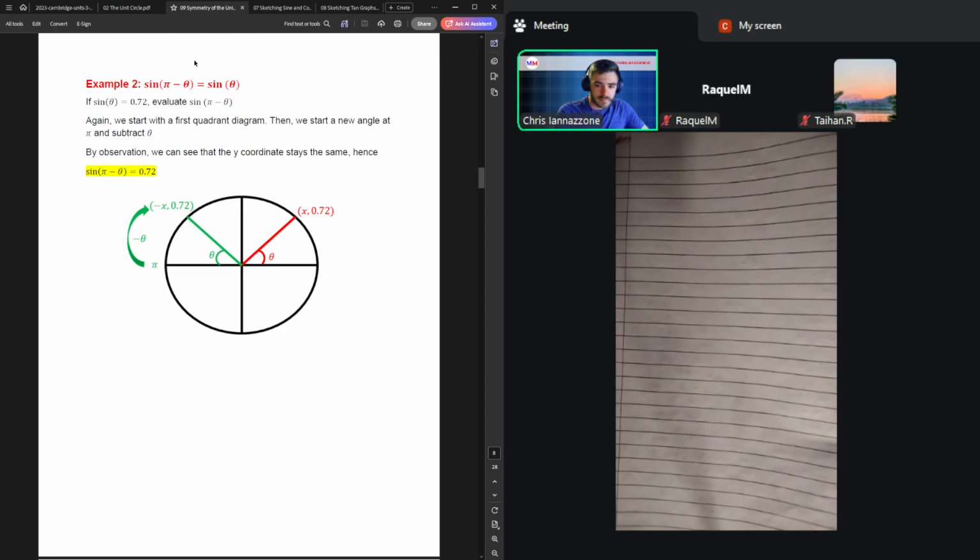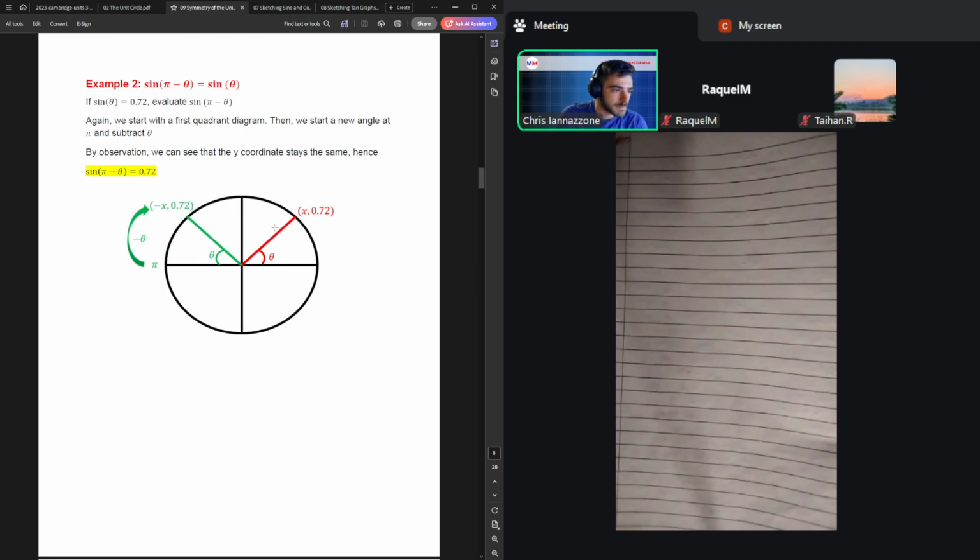Pi minus theta, ever so slightly different. Again, starting with our value, sine theta equals 0.72, so we use the y value as 0.72 for our red reference angle. Then we look at this bit, pi minus theta. That means start at pi, but then go backwards by theta. So that's going to put us in quadrant 2. Now, what we know about quadrant 2 is only the x goes negative there.